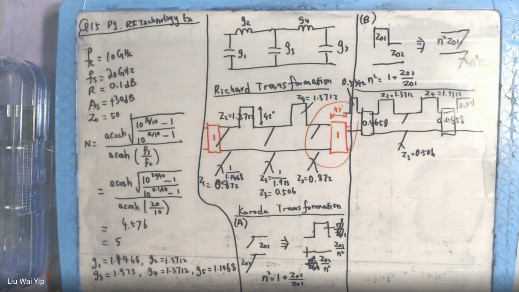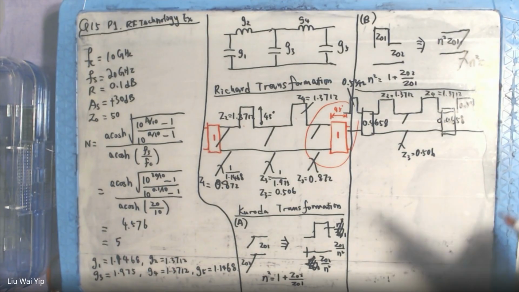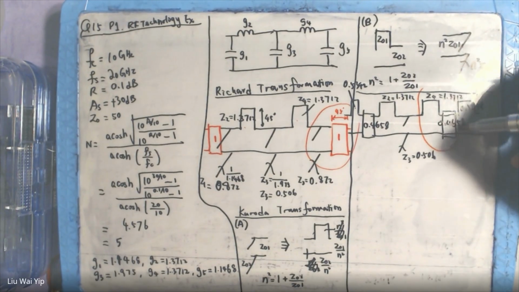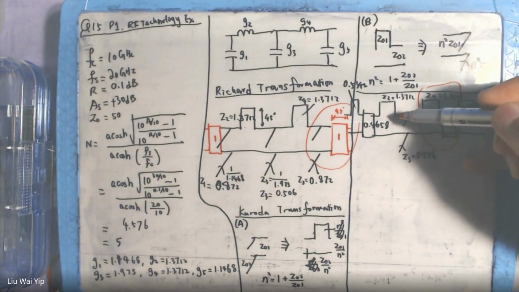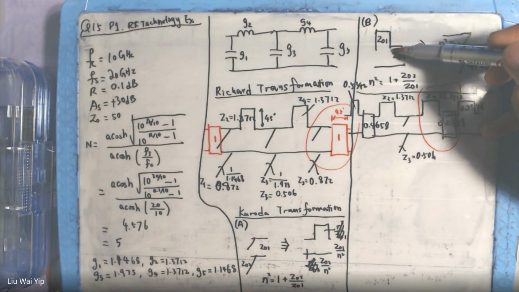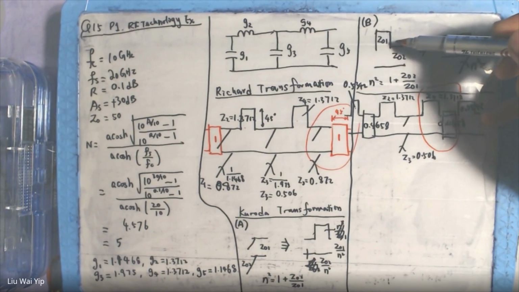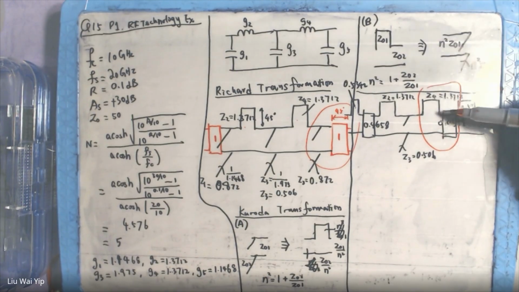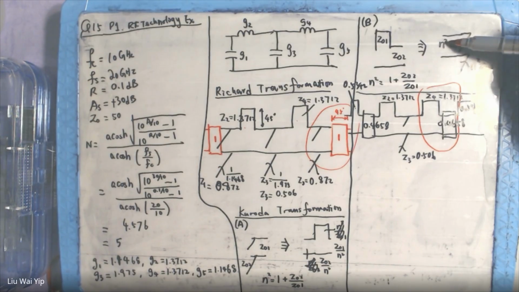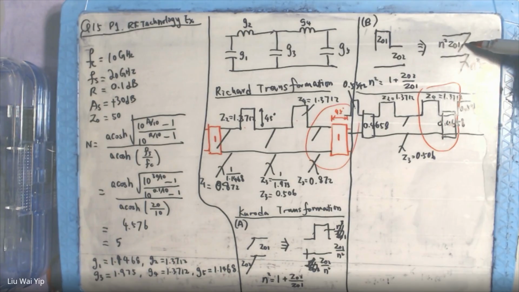So what you need to do is look at this box, these two pairs, and obviously you will take care of these two as well, and focus on this transformation pair. So you have one short circuit stub together with a transmission line. According to here, you can change it to a transmission line and then followed by an open circuit stub.